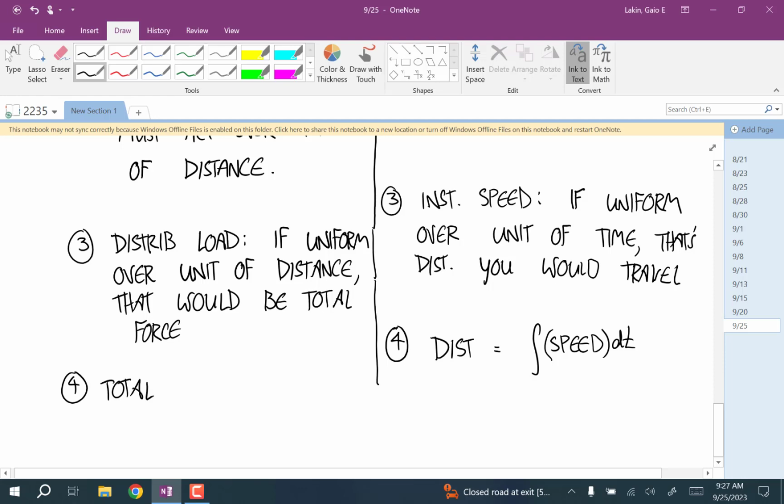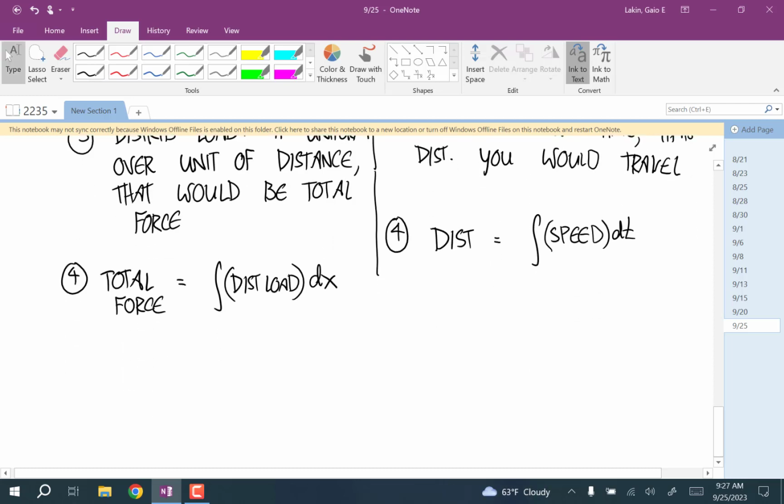The analogous thing for distributed load is that the total force is the integral of the distributed load over x. Okay. Or if it's a distributed load over area, which we're not going to use in this class, it would be dA, you know. Okay.